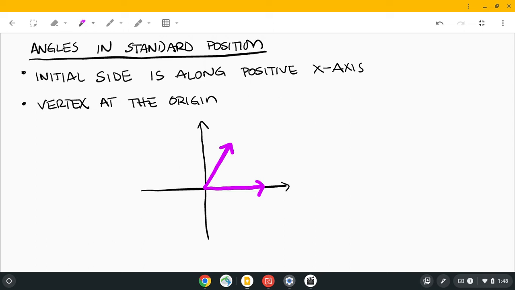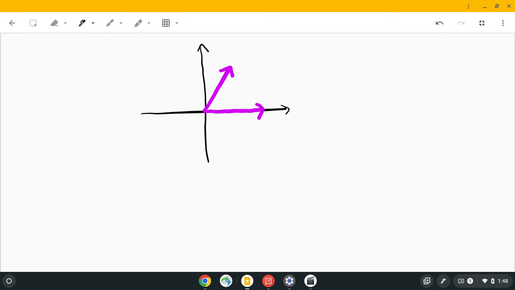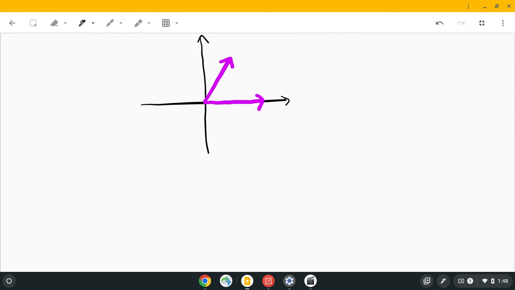All right. We have some other things about this. Okay, so we have these different quadrants. Depending on where that terminal side lands, we say that theta lies in quadrant 1, theta lies in quadrant 2, or 3, or 4.